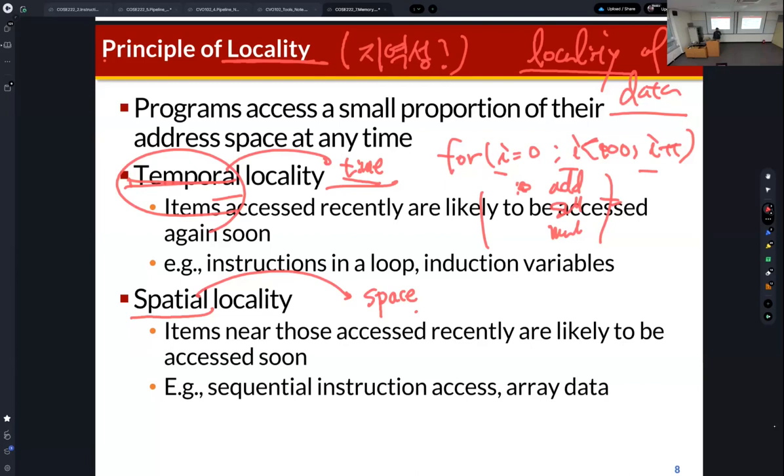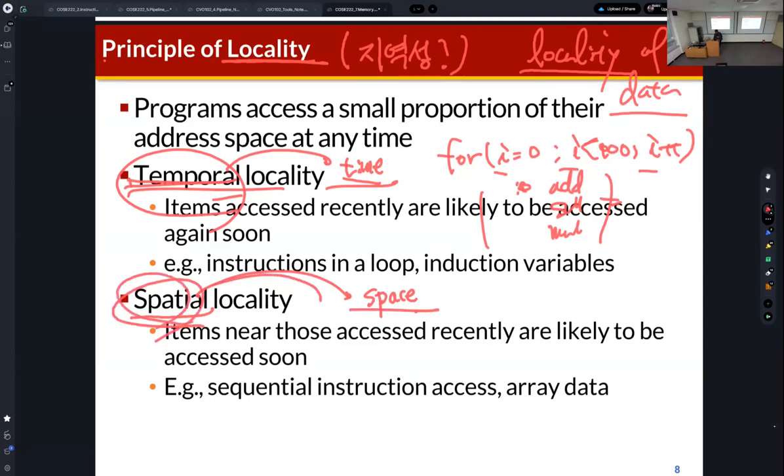Instructions are also data, right? So the same data is fetched from the instruction memory. So data is accessed again and again. It's called temporal locality.